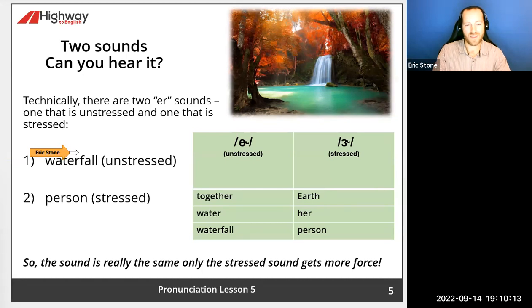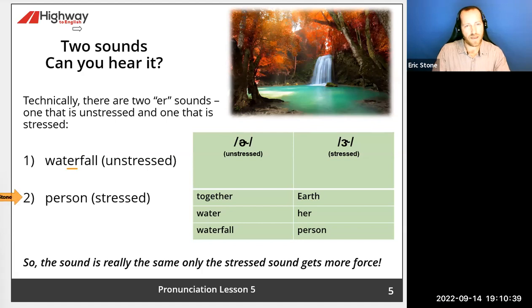Waterfall, okay? It's unstressed. It's quick. We just make the sound quickly, and you don't need to put a lot of volume or hard vibration on the sound. Okay, it's just quick. Waterfall. Okay, unstressed.